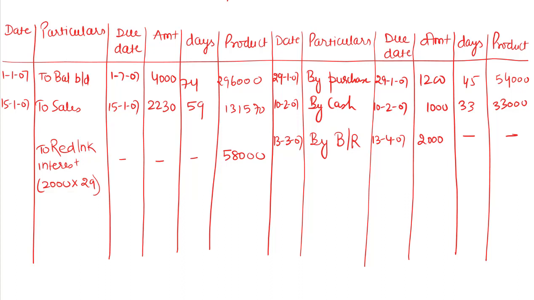Now calculate the balance of product. 296,000 plus 131,570 plus 58,000, 485,570. 485,570 minus 33,000 minus 54,000, 398,570. 398,570.